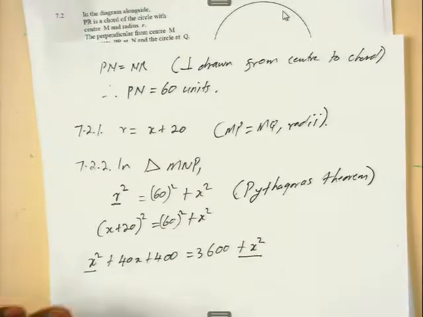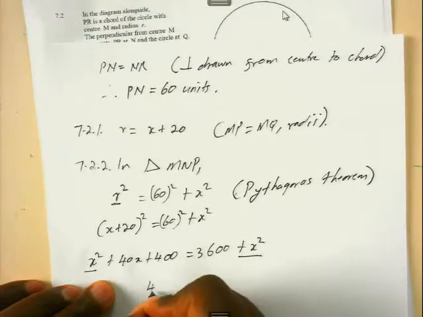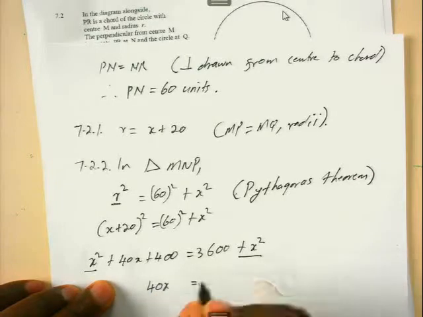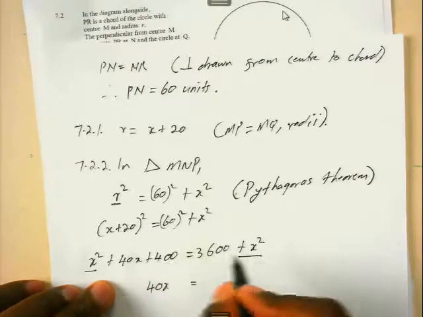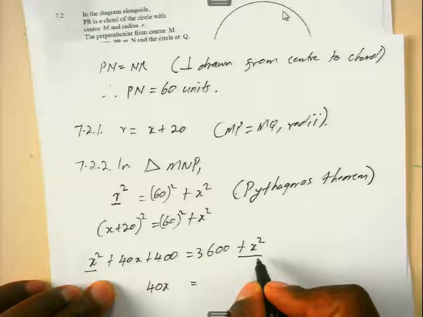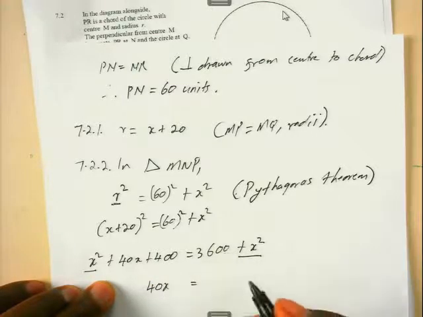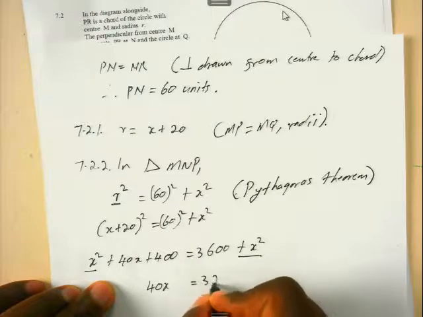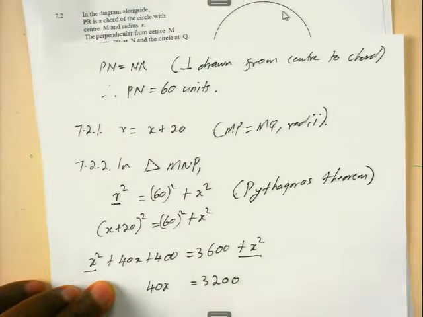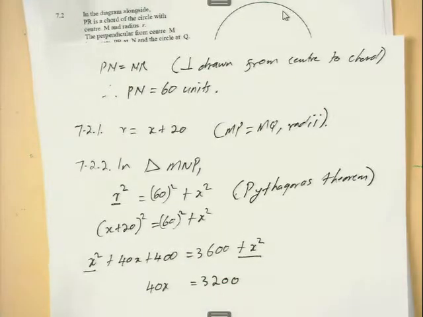What are we left with? On the one side, we are left with 40X. Now we need to transpose 400 to the other side, then you've got 3,600 minus 400, which gives you 3,200. What do we do to solve for X?